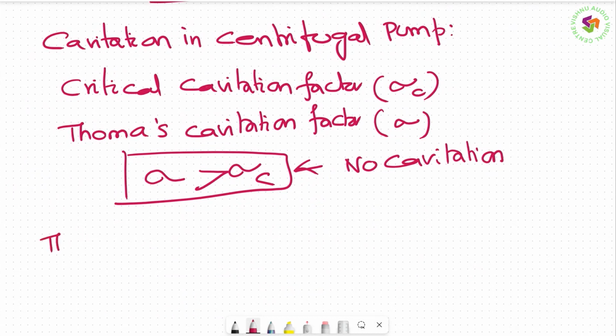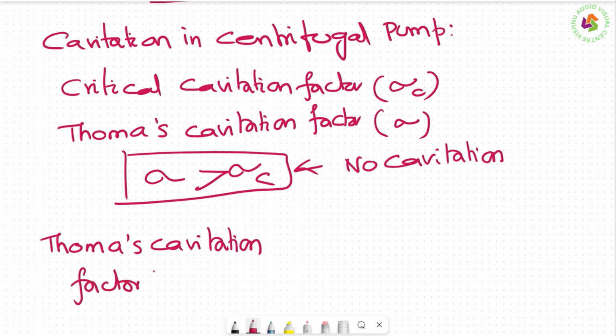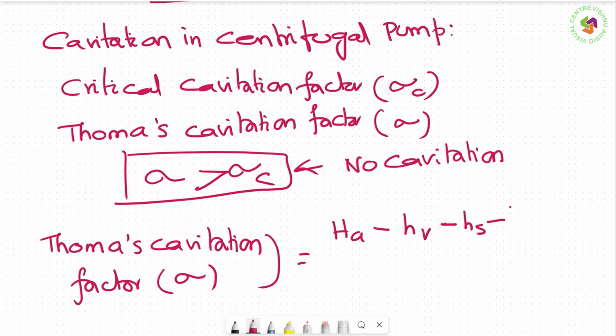What is the Thoma cavitation factor? The Thoma cavitation factor, which is denoted by sigma, is equal to the atmospheric pressure head minus the vapor pressure head minus the suction head minus the friction loss in the suction pipe, divided by the manometric head.